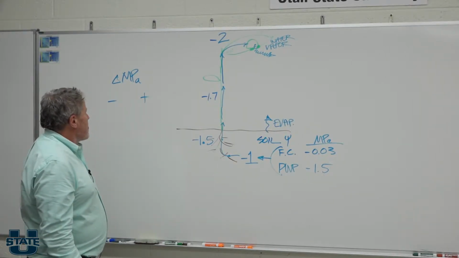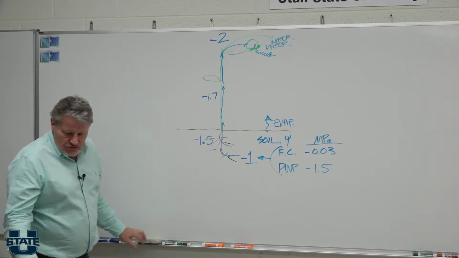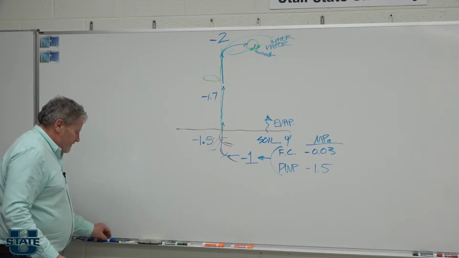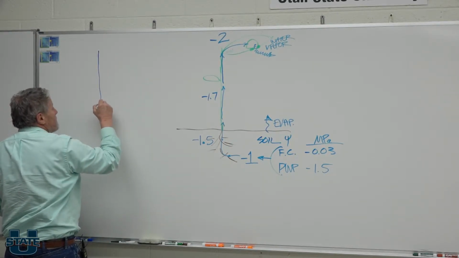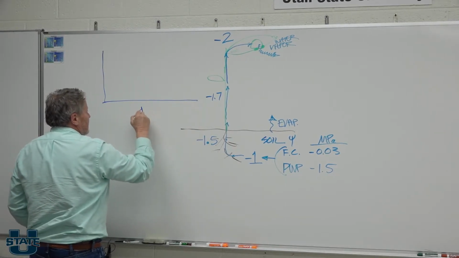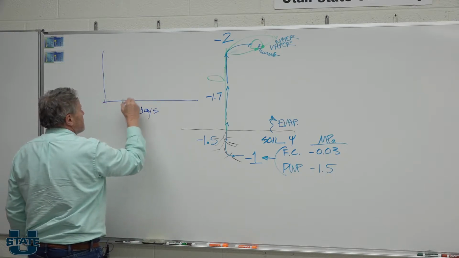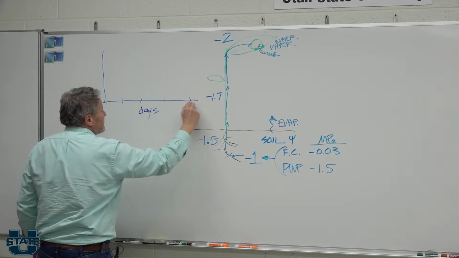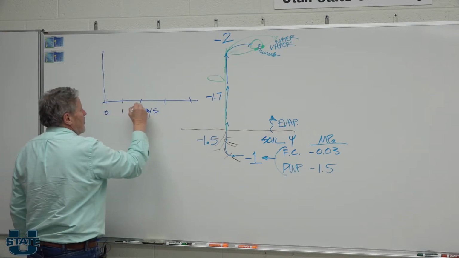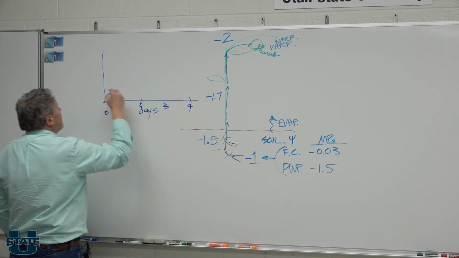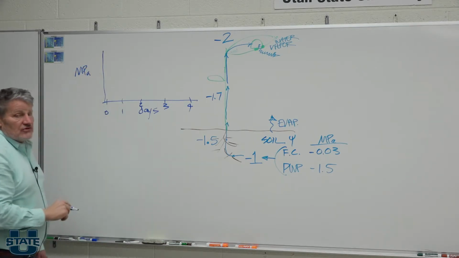Let me draw this on the board. I can send the actual diagram, but I think it'll be more clear if I just draw it. Here is days, and this goes up to multiple days: 0, 1, 2, 3, 4 days, and here is megapascals.